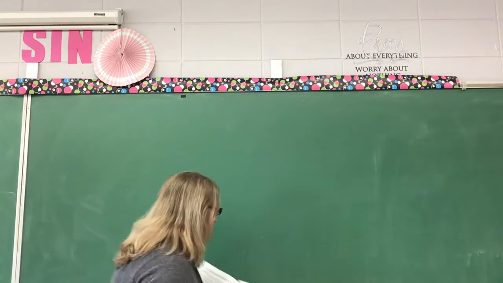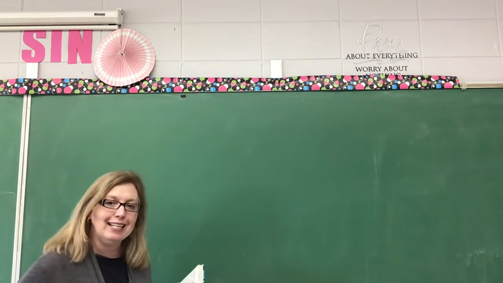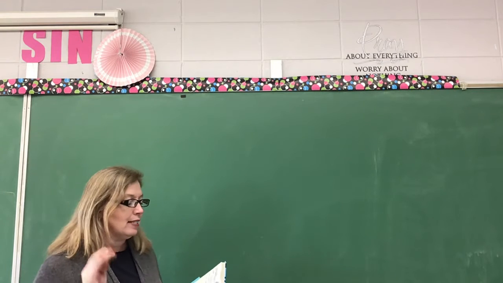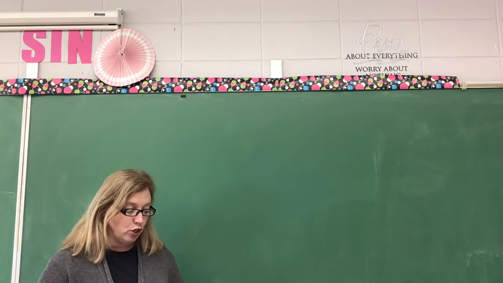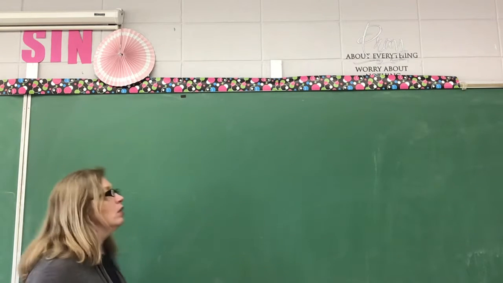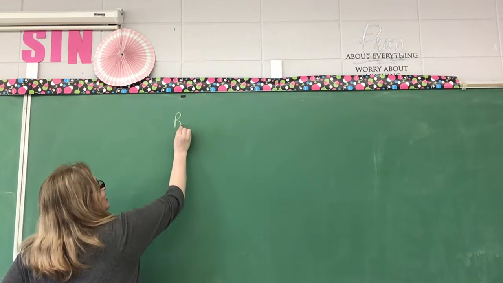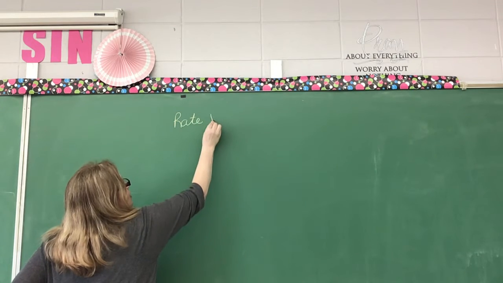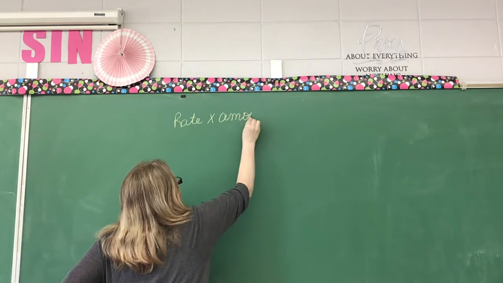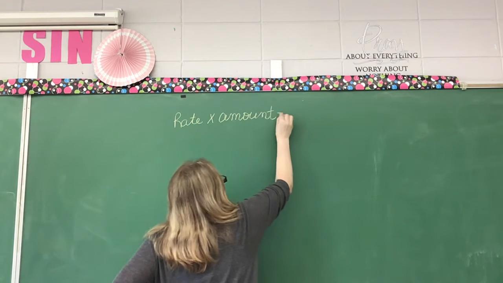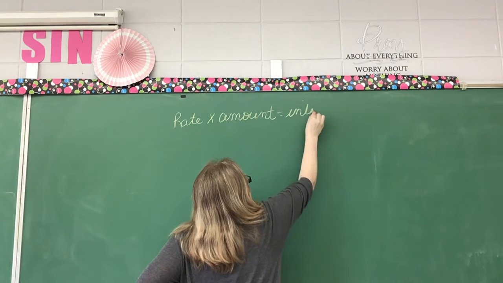First, we need to remember how we find interest. Interest is a simple formula. If you remember, Mrs. Turner told you the word they use in your book is amount. Okay, they use the words rate times the amount equals the interest.